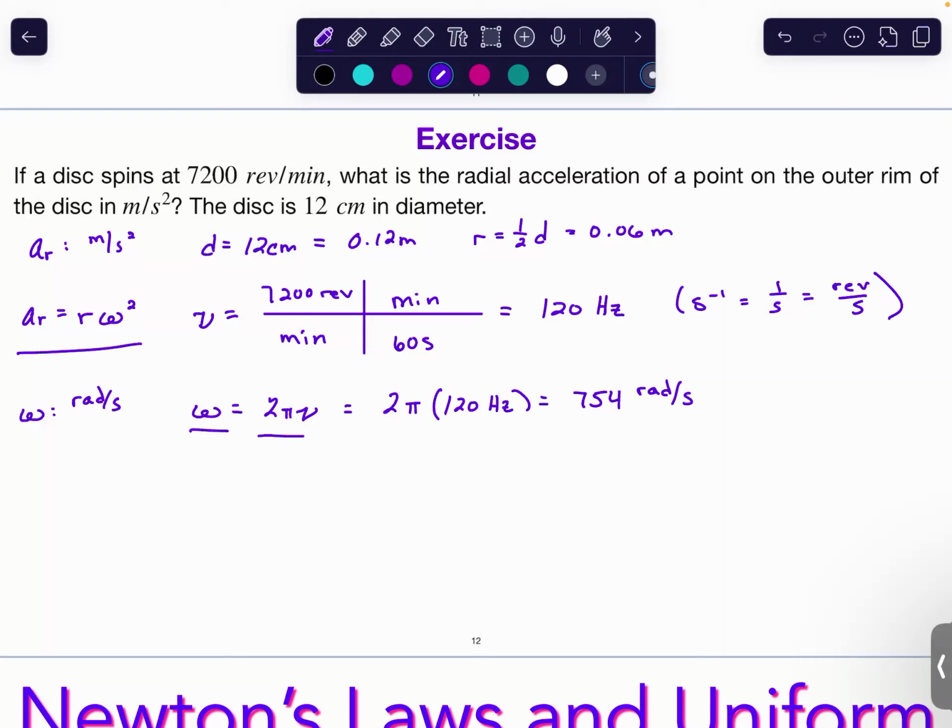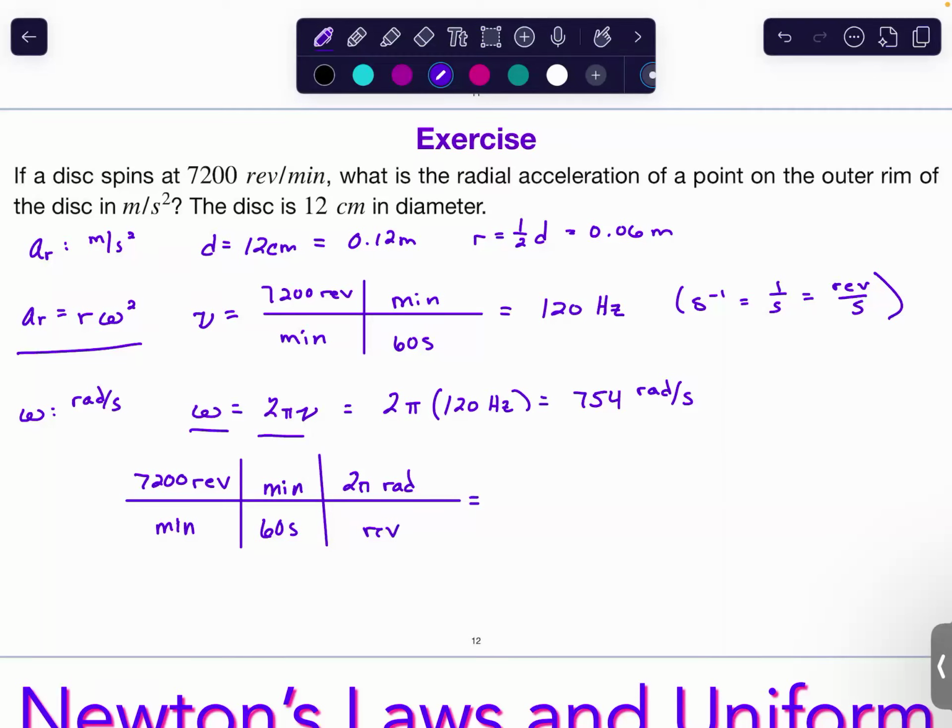But if you wanted to do it that way, you start with 3,200 revolutions a minute, divided by 60 seconds, and then there are 2 pi radians for 1 revolution.